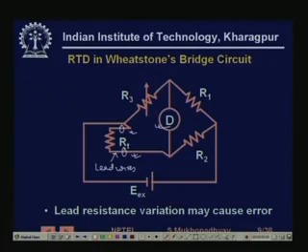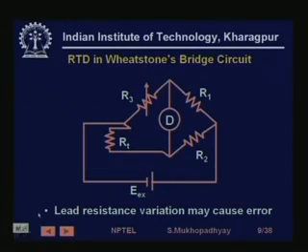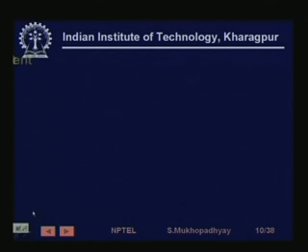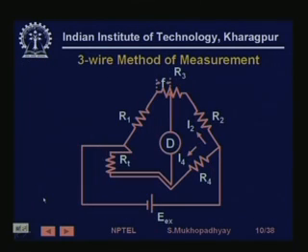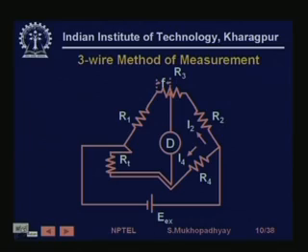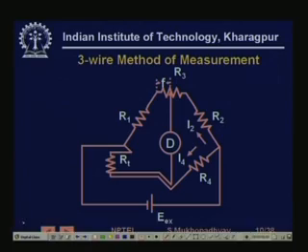To prevent this, the standard strategy is to go for a 3-wire method of measurement. You can go for either a 3-wire method or a 4-wire method. In a 3-wire method, the principle is simple. You have 3 wires now. Look at the current flow path.